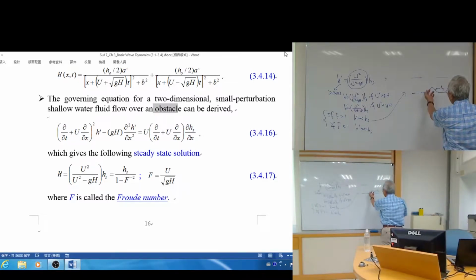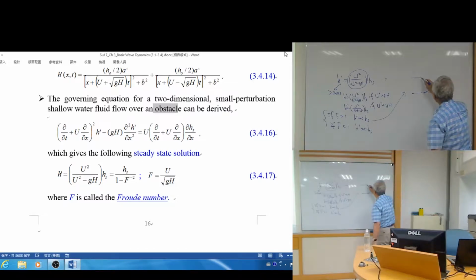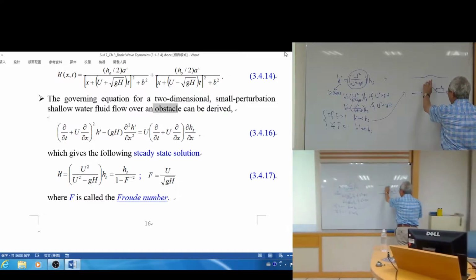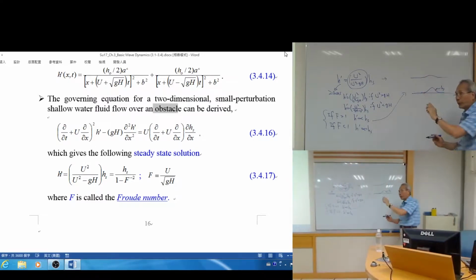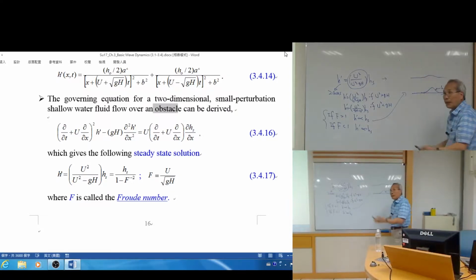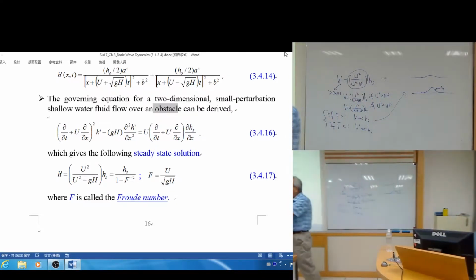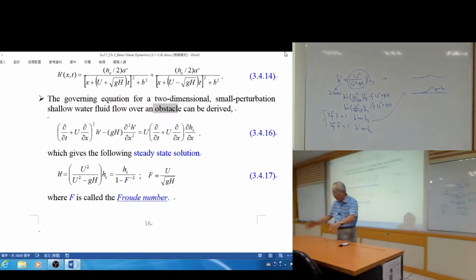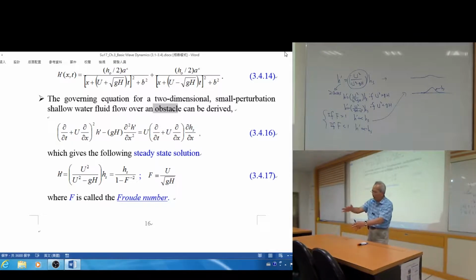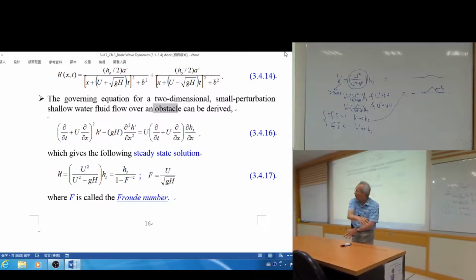So when the bottom goes up, the surface goes up. Not necessarily the same height, but proportional like that. That makes sense, right? So if I have a mountain, topography here, flow comes in, it will go up, and then go down.